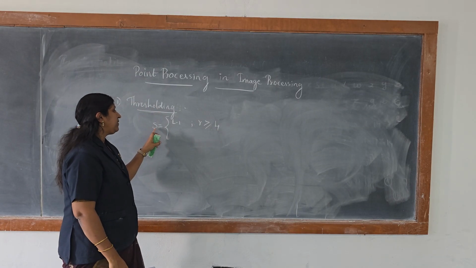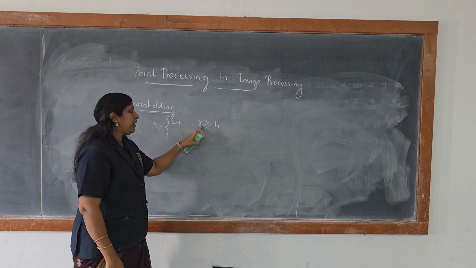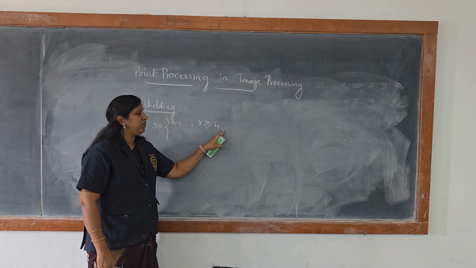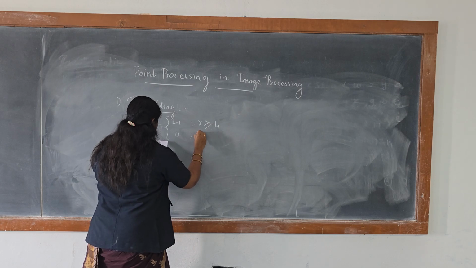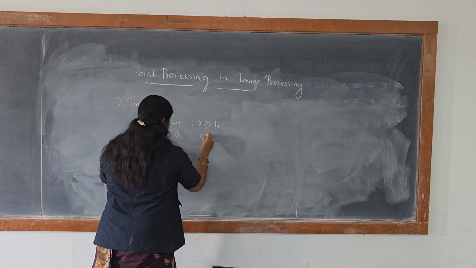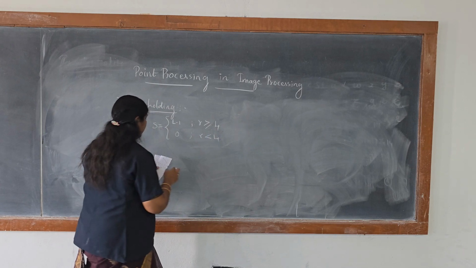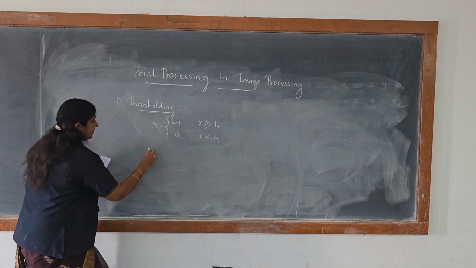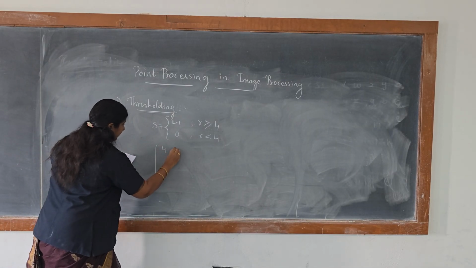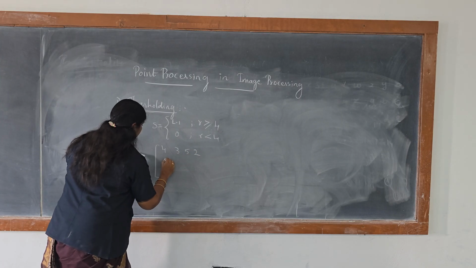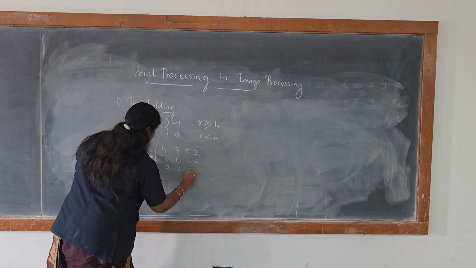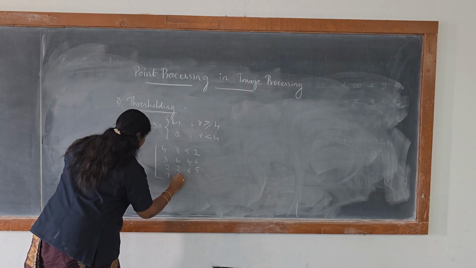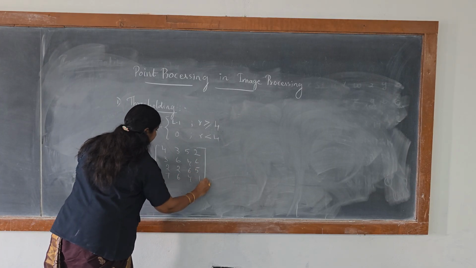So the formula here is S is equal to 4 minus 1 if R is greater than or equal to 4, and it is 0 if R is less than 4. Okay, so take the same relation: 4, 3, 5, 2 and 3, 6, 4, 6, 2, 2, 6, 5, 7, 6, 4, 1.